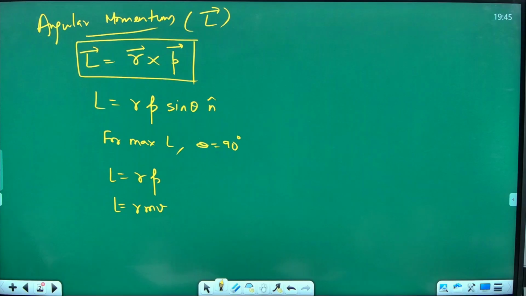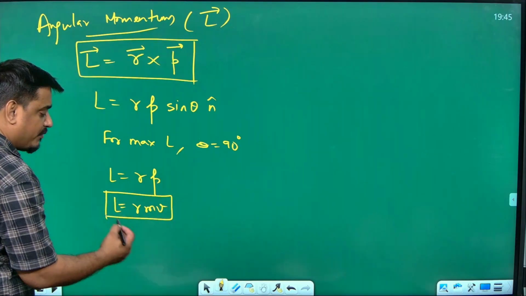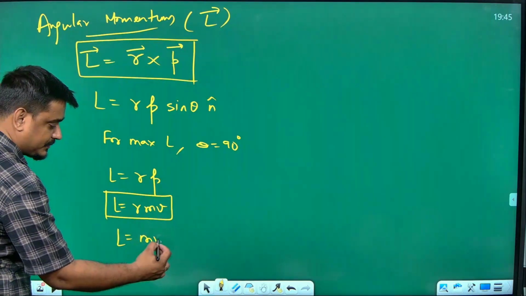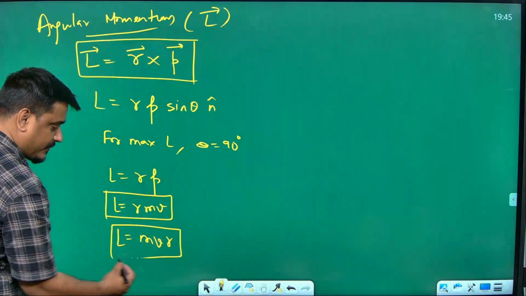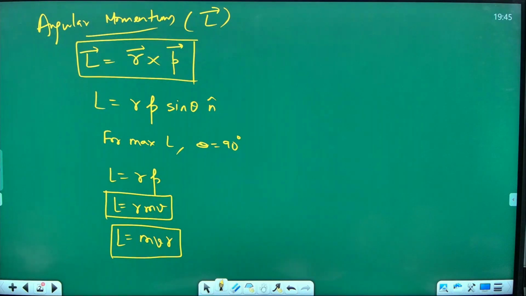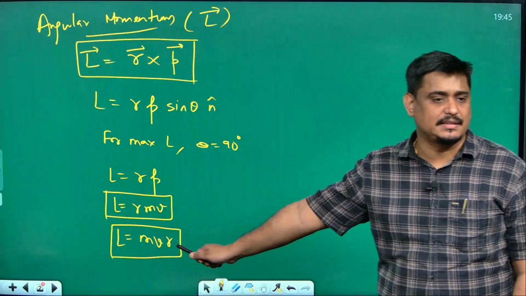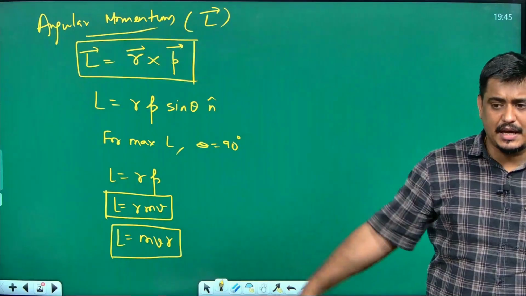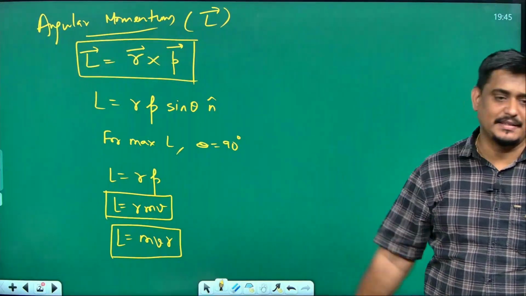So can I say that angular momentum is equal to mvr? So angular momentum can also be written as mvr. Again I am repeating, this is going to be used in many places.